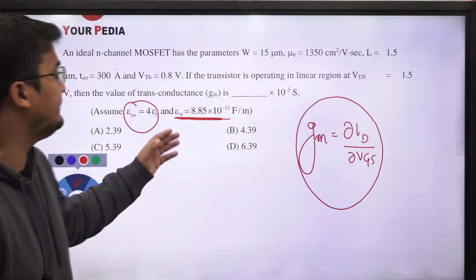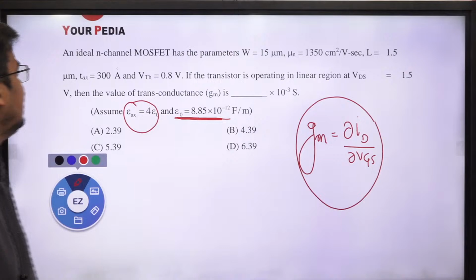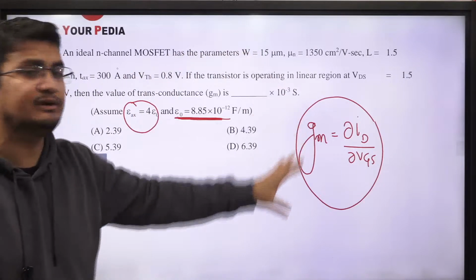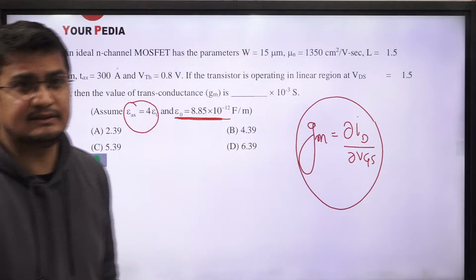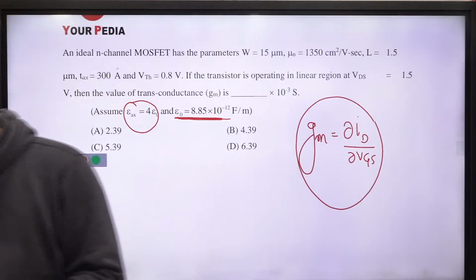Guys, come up, tell me what will be the answer. An ideal N channel MOSFET has the parameters mentioned here. Again, I'm repeating, the entire data is on your screen. Please tell what will be the answer. Yes, Anirudh, Subi, tell me the answer.